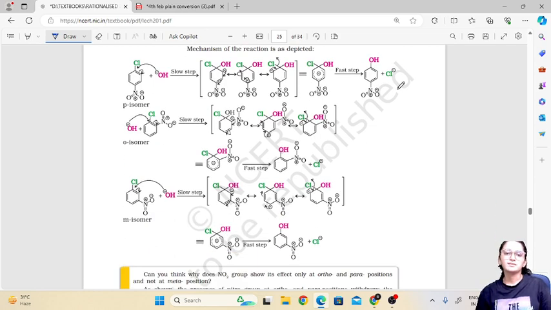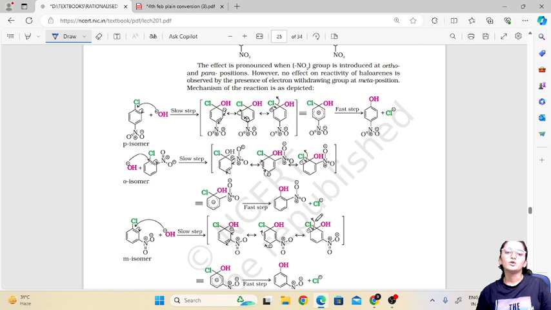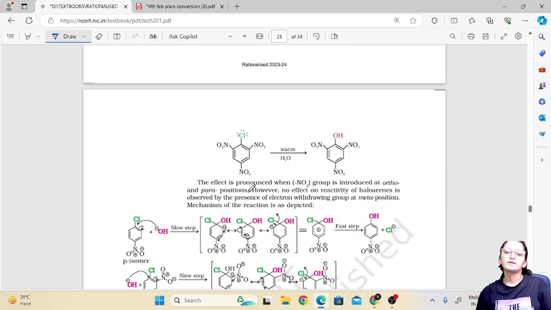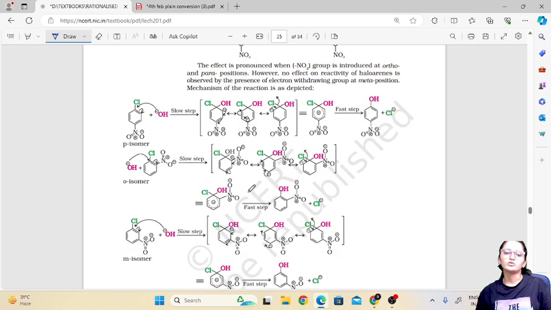Now this is the mechanism which shows why they get attached only at the ortho and para positions and not at the meta position. In short, when you do the resonance of these structures, para, ortho and meta, in para and ortho you will observe that the negative charge comes on the para and ortho positions only.